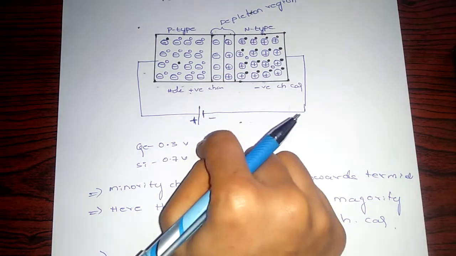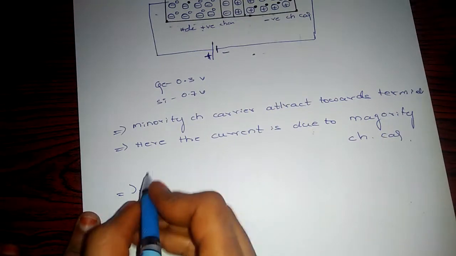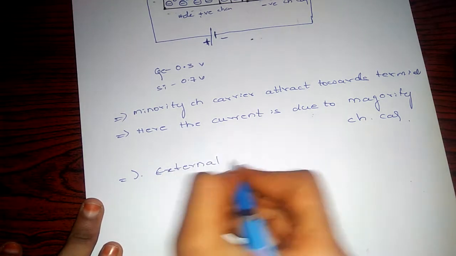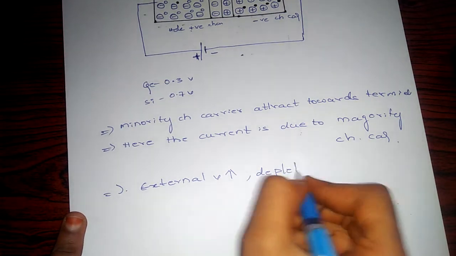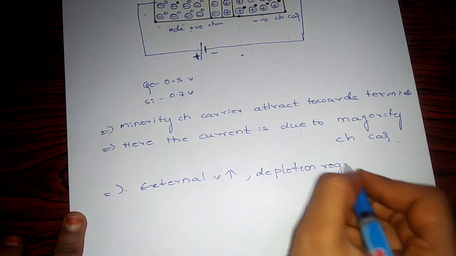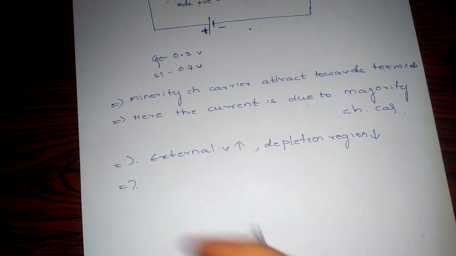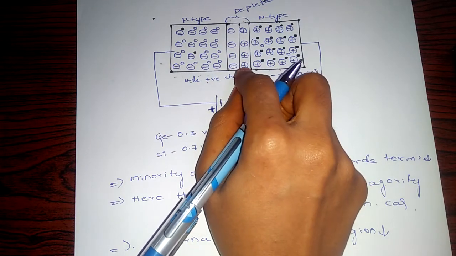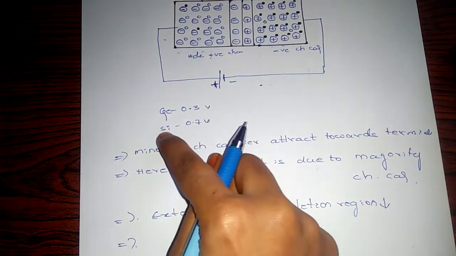So whenever external voltage is applied, the depletion region decreases. And the junction offers low resistance, almost zero resistance after crossing 0.3 volt for germanium and 0.7 volt for silicon.